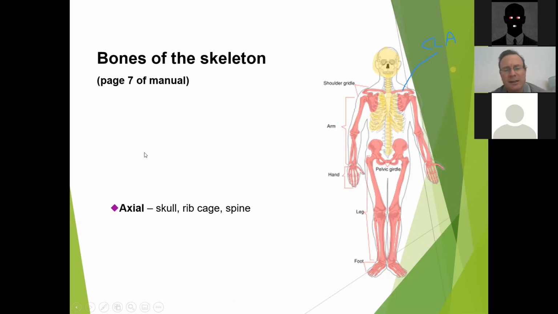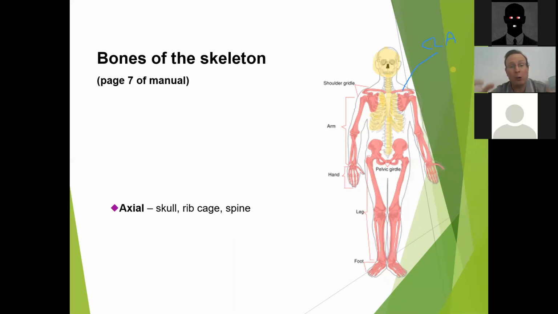So the axial skeleton contains the skull, the vertebral column, and the rib cage, and it's there to really protect those vital organs. Now, if you look at what's in red, you can see they're much longer bones. We have our hands at the ends of our arms and our feet at the ends of our legs. They're much more responsible for moving and grasping and locomotion.